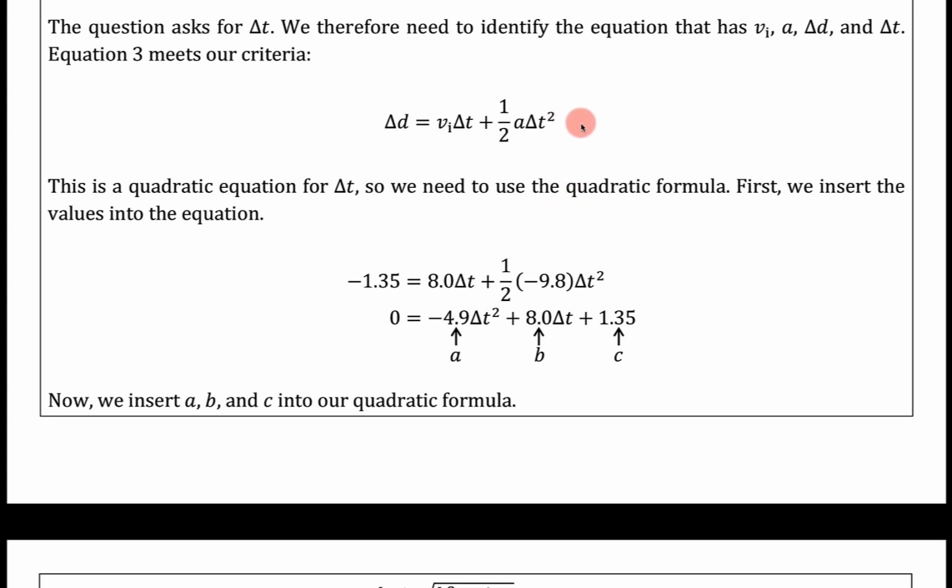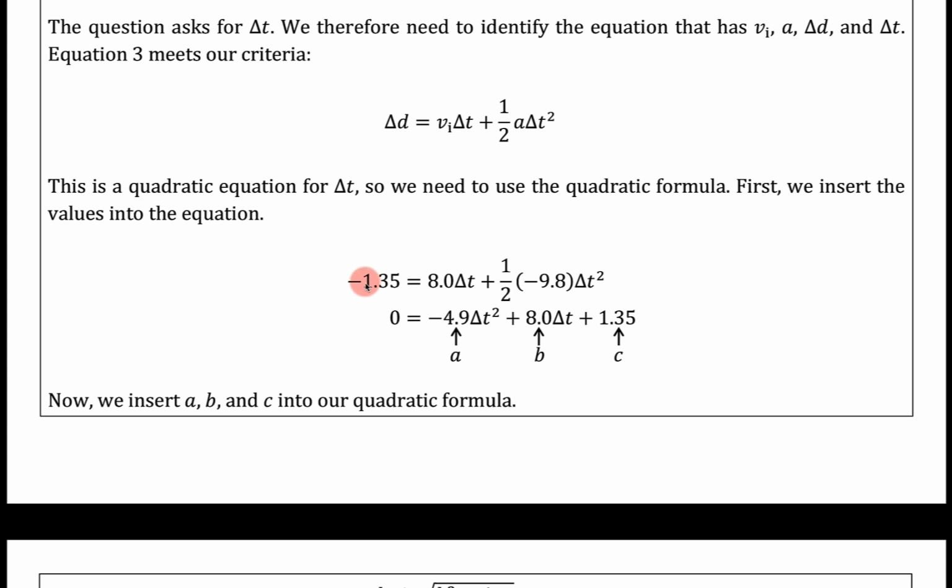Now, solving for delta T in equation 3 can get kind of messy because this is actually a quadratic equation for delta T. You can see that we have a term with delta T as well as a term with delta T squared. And so we actually need to use the quadratic formula to solve for delta T in this example. And so this is partly why we reviewed the quadratic formula in our math skills handout. You do need the quadratic formula to solve some of these problems.